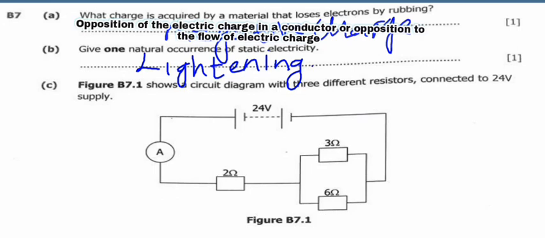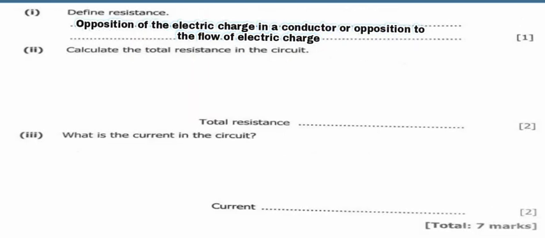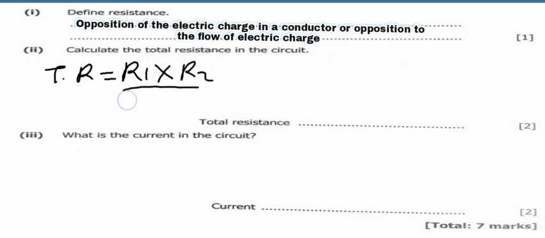We have 3 ohms and 6 ohms. Since we have just two resistors, we are going to use this formula: total resistance is equal to resistor 1 multiplied by resistor 2 divided by resistor 1 plus resistor 2.